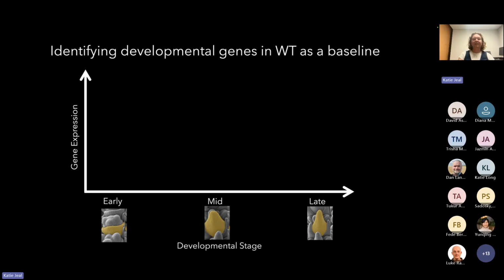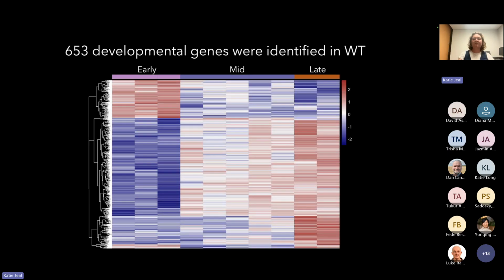And so we defined any developmental gene as one that's changed over these stages. So either an increase across the 3 stages, a decrease, or a peak at any particular stage, such as in the middle. And from this analysis, we identified 653 wild-type developmental genes where the expression changes over these 3 developmental time points. So we see some down-regulated and some up-regulated, and then some with peaks in the middle stage.